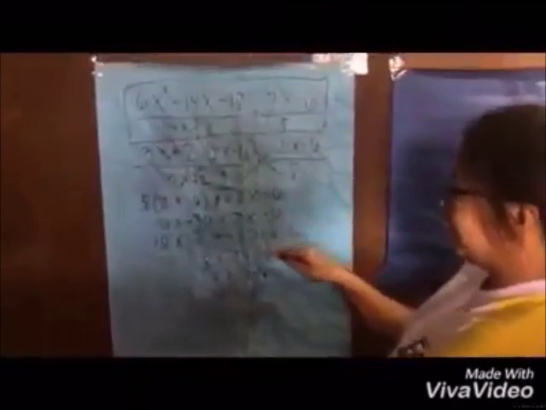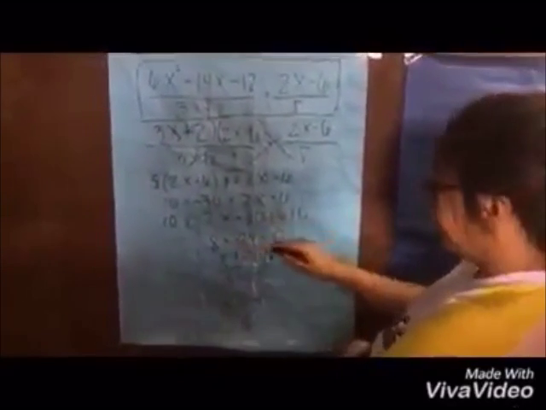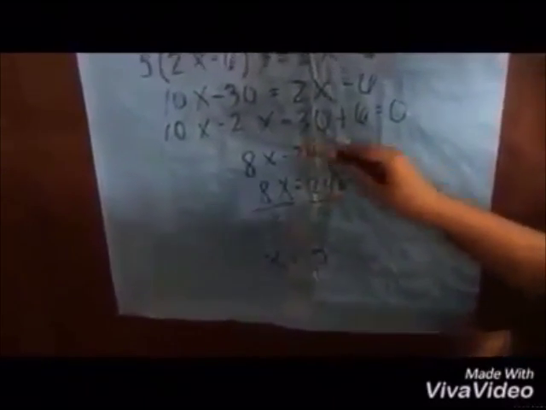Positive 6 equals negative 24. Tapos, itatranspose natin yung 24 dito. Kaya magiging 8x over 8 equals 24 over 8. Tapos, ika-cancel natin itong 8. Kaya magiging x is equal to 3.